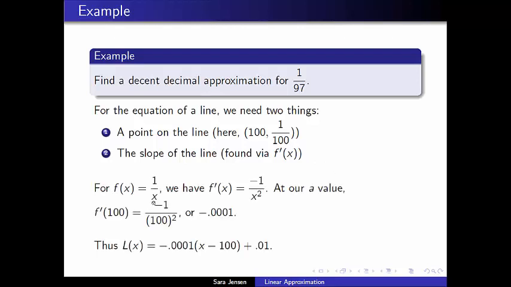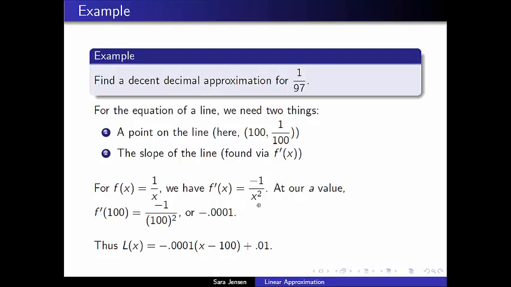Given that f of x is 1 over x, we're going to first rewrite f of x in exponential notation as x to the negative first power, and we can then compute the derivative of f of x using the power rule. Our derivative will become negative x to the negative second power, which we can rewrite in this manner over here. That's a general formula for the derivative of the function f of x.